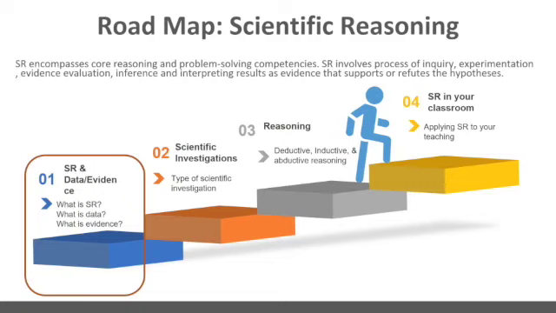Scientific reasoning also involves the process of inquiry, experimentation, evidence evaluation, inference, and interpreting results that support or refute the hypothesis, which we will address in Module 2.1 and 2.2. As for the last module, we will focus on how you apply scientific reasoning in your classrooms.